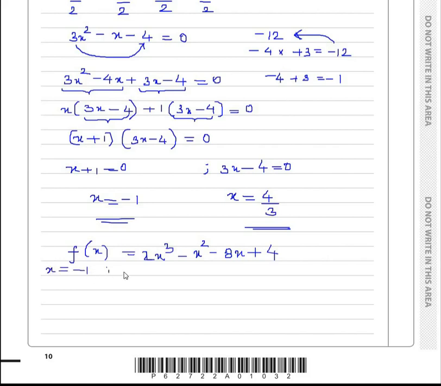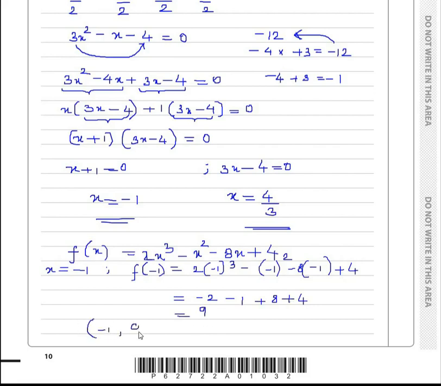So f of minus 1 is 2 times minus 1 cubed, minus minus 1 squared, minus 8 times minus 1, plus 4. So we get negative 2, negative 1, positive 8 and positive 4. That gives negative 3, and plus 12 gives 9. So when x is negative 1, the y value is 9. This is the first coordinate.